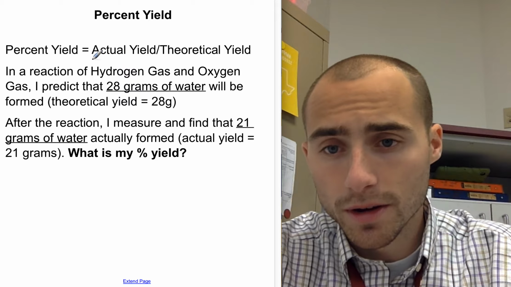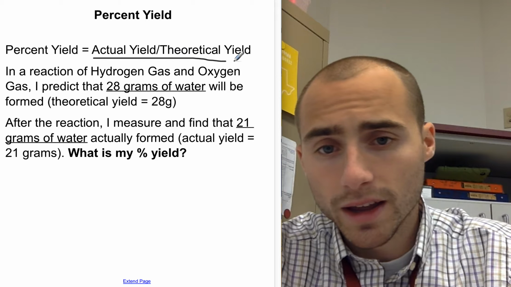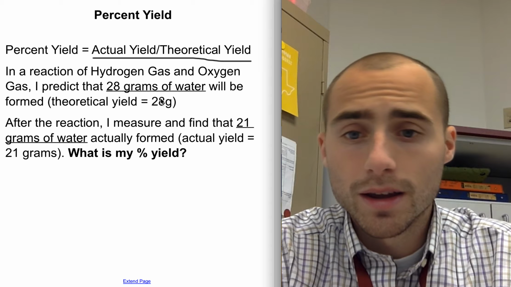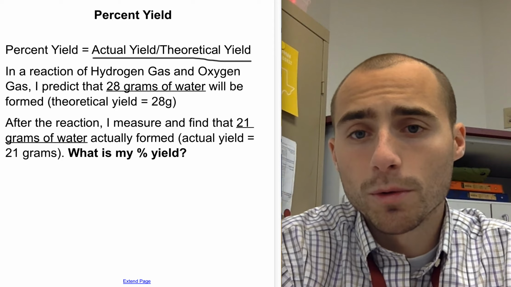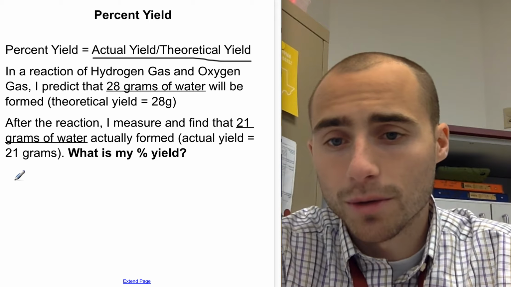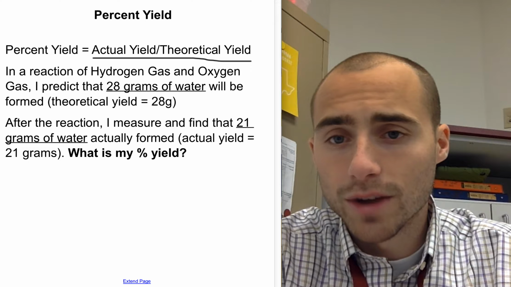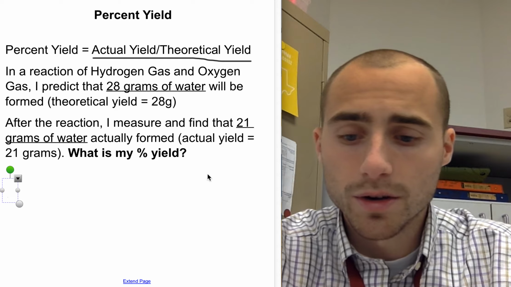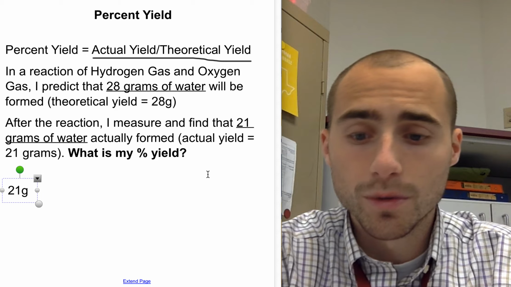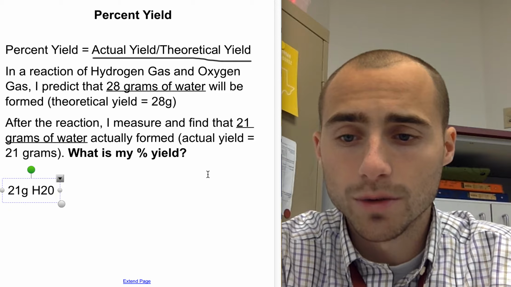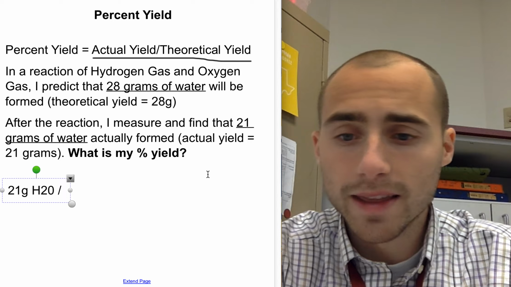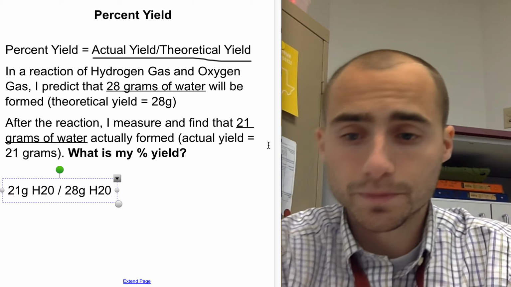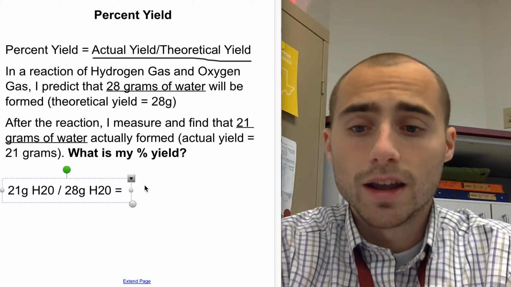Well, if we look up here at the formula I gave you, you take the actual yield, how much was actually formed, divided by what you thought would form, or what the person running the experiment thought would form. So in this situation, you take your actual yield, 21 grams of water, H2O, because that's how much actually formed, and you divide that by 28 grams of H2O, because that's how much you thought would form.